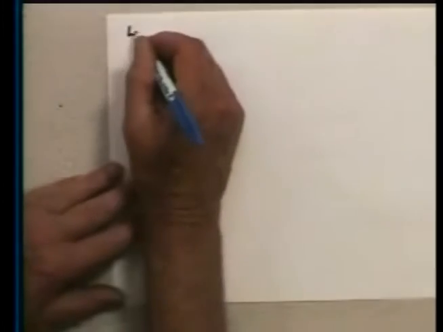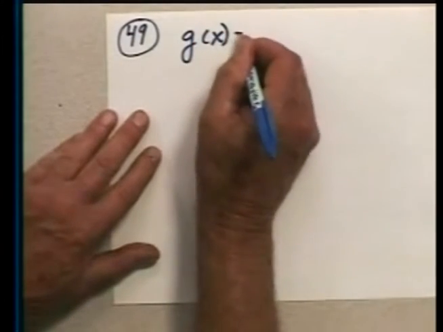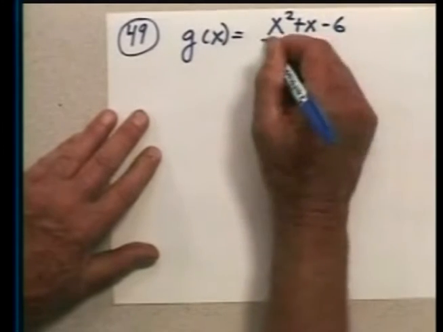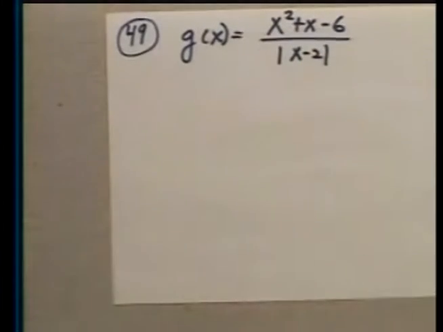That's another one of those infamous absolute value problems, isn't it? So I bet you have an idea ready of what we're going to be doing. Okay, g of x happens to be the function x squared plus x minus 6, over absolute value of x minus 2, not just x minus 2.